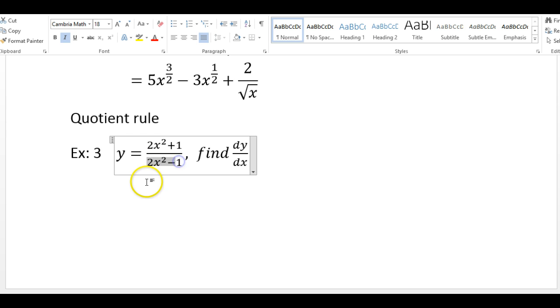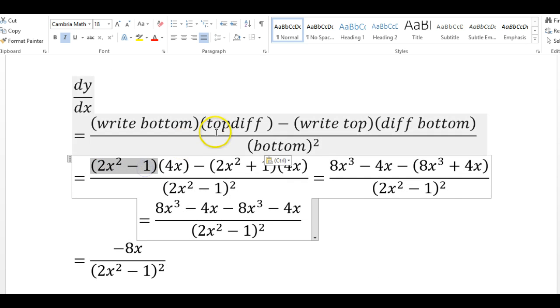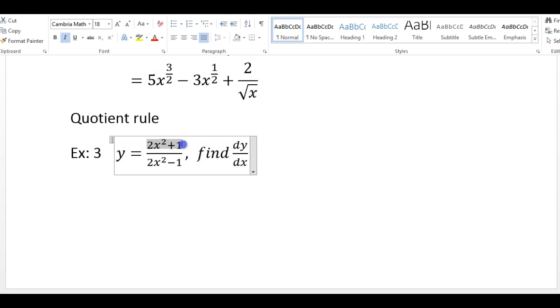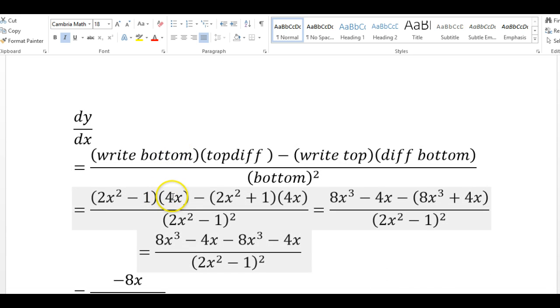So it's 2x squared minus 1, and then differentiate top. How do you differentiate the top? The top is 2x squared plus 1. If you differentiate this, you get 2 times 2x, which is 4x, plus the derivative of 1, which is 0. So we have 4x here, right? Minus, now you go to the minus part.